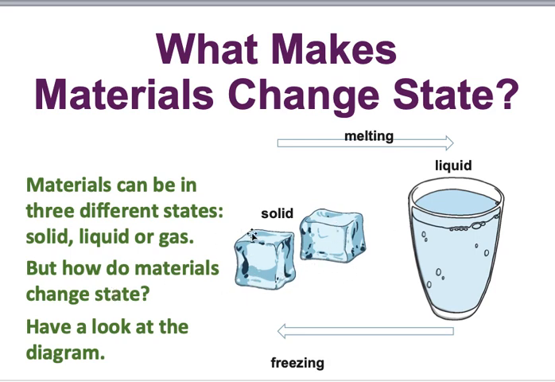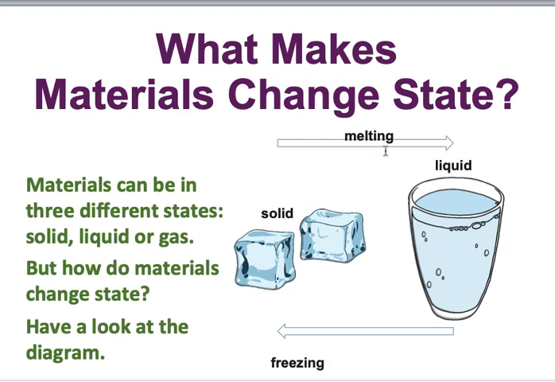If you have a look at this diagram, you can see that here the solid is changed to liquid state. So how this happened and when this happened, we are going to have a short look at it. When you're keeping these ice cubes at room temperature, or if you put them on a hot pan, naturally the melting will start.